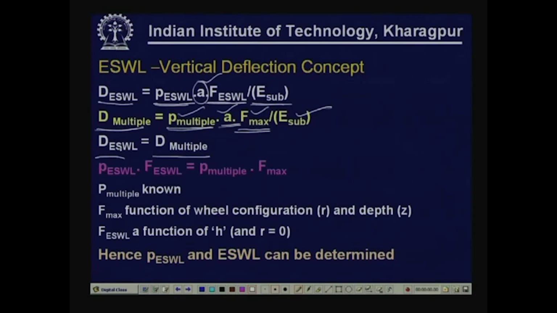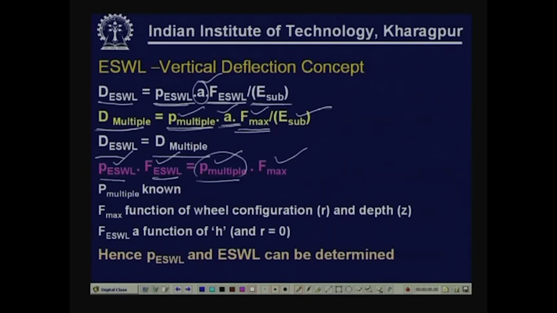The deflection produced by the equivalent single wheel load has to be equal to the deflection produced by multiple wheel loads. That means pressure for the equivalent single wheel load multiplied by the deflection factor for the equivalent single wheel load will be equal to the pressure corresponding to the multiple wheel load, and then the maximum deflection factor which corresponds to the maximum deflection produced by the given load system.